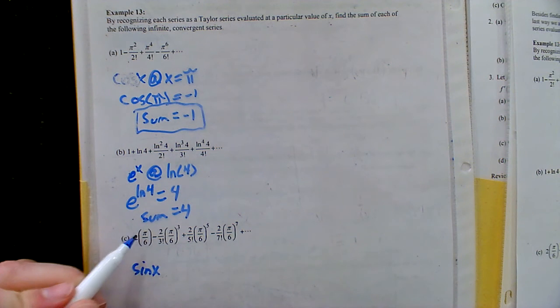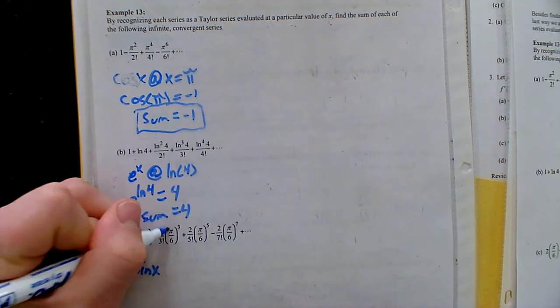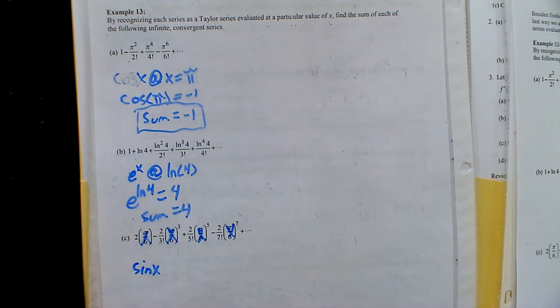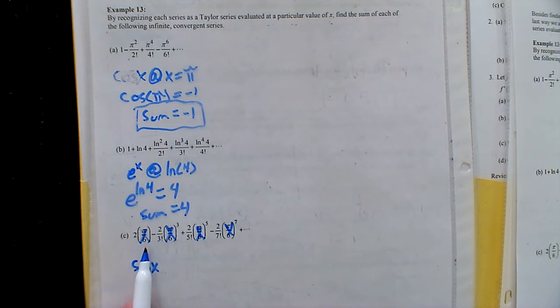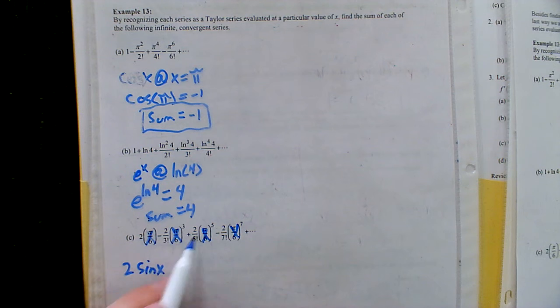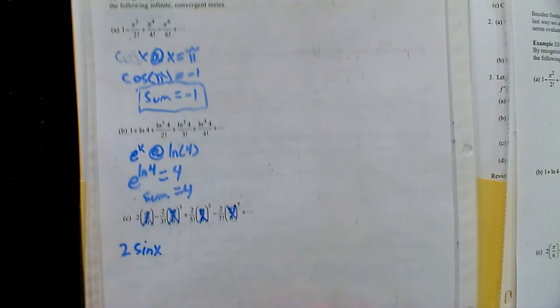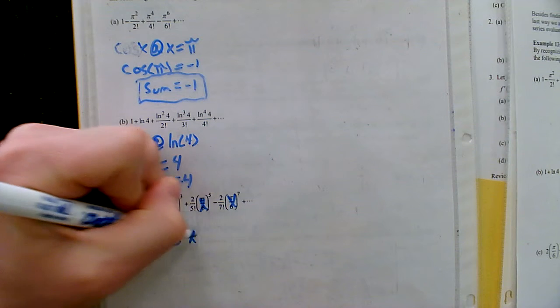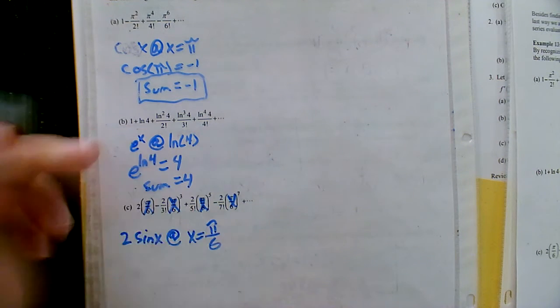So, if we have pi over 6 representing our x, what else is different about this one? It also needs to be multiplied by 2, because we have a 2 in front of each term. So 2 sine x, evaluated at x equals pi over 6.